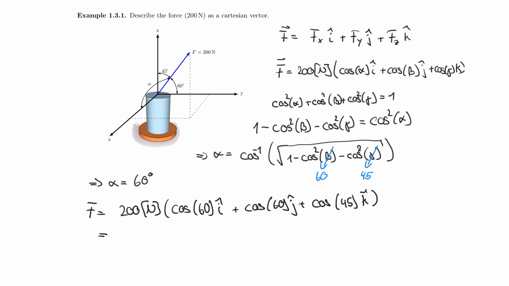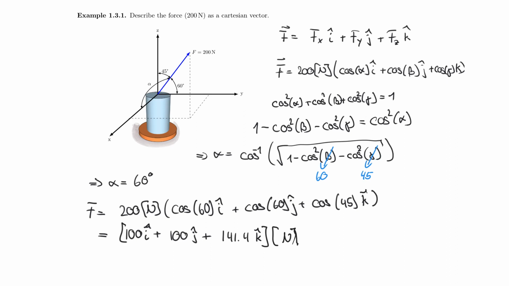And if you calculate that out, which you always have to do, you will find that we're looking at 100 i hat plus 100 j hat plus 141.4 k hat. And that, of course, deserves a unit.